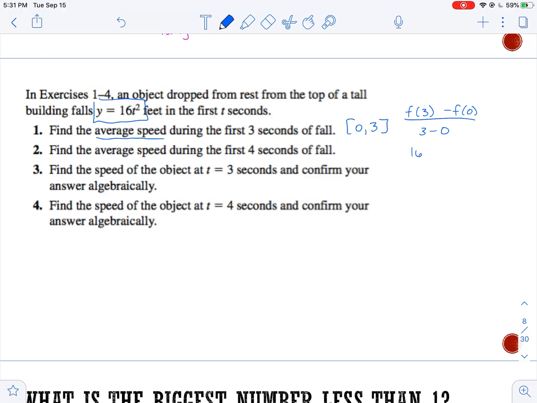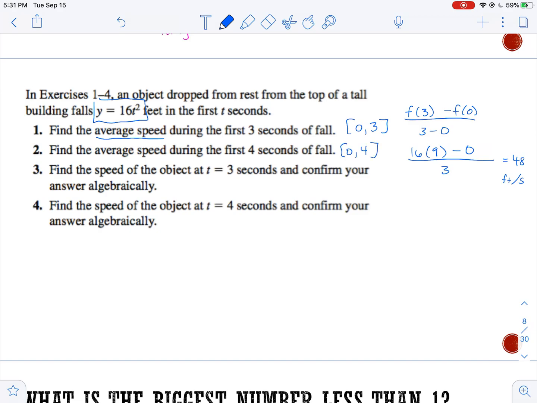So if I plugged in 3, I would get 16 times 3 squared is 9, minus if I plug in 0, I get 0, then over 3. 9 over 3 is 3, 16 times 3 is 48. So this would be 48, and then we are in seconds, and it's falling in feet. So it'll be feet per second.